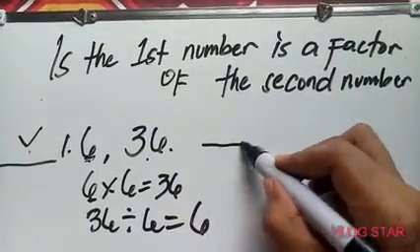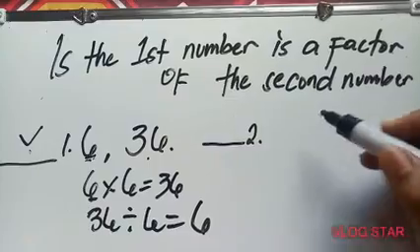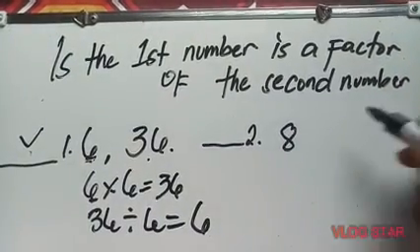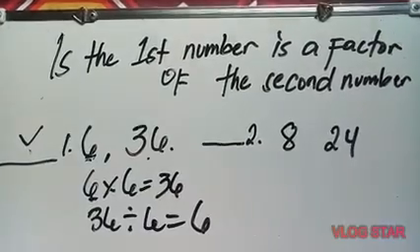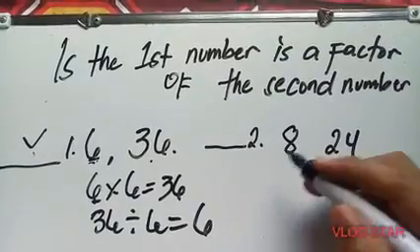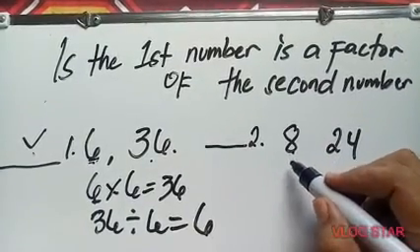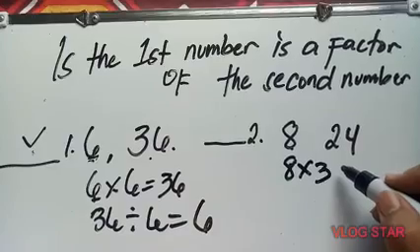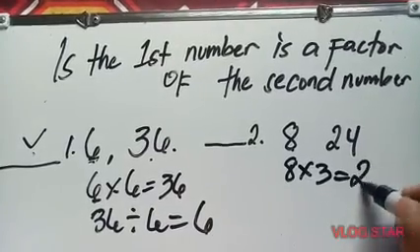Another example, 8 and 24. So think of a number that when you multiply, the answer is 24. So 8 times 3, the answer is 24.